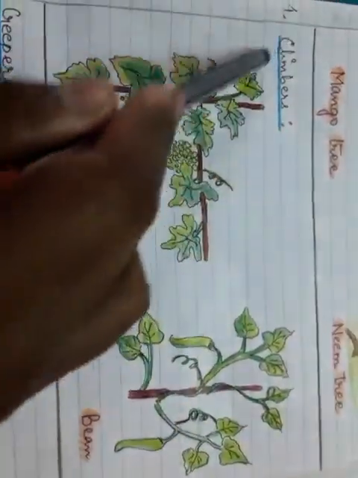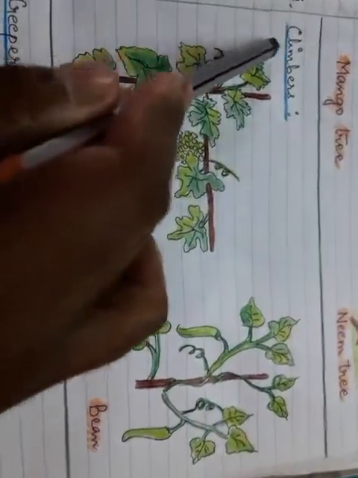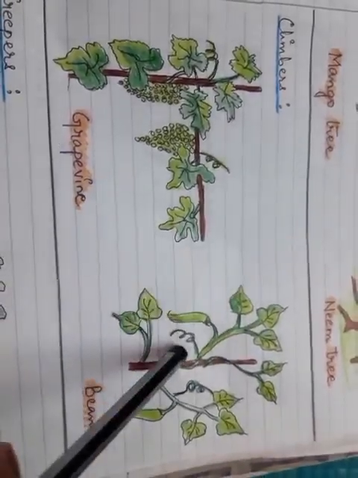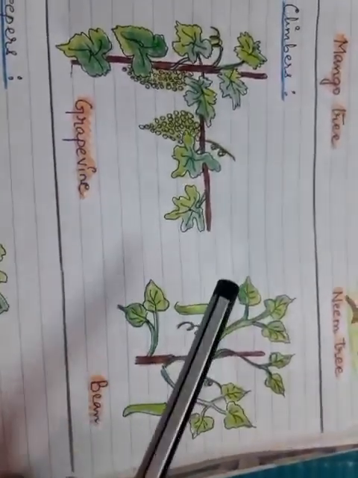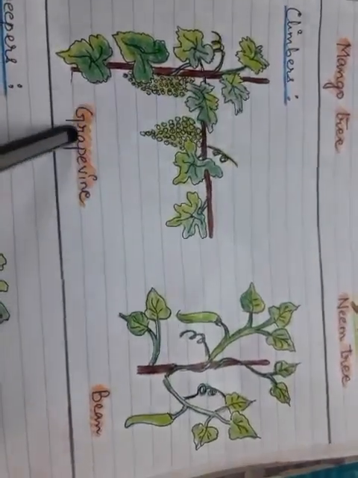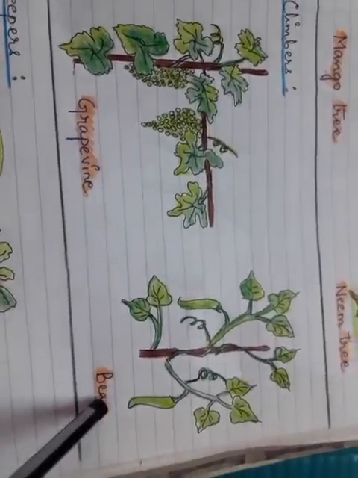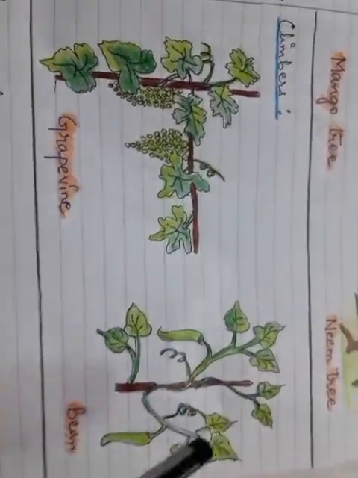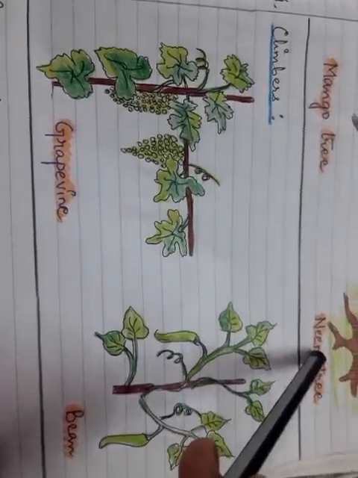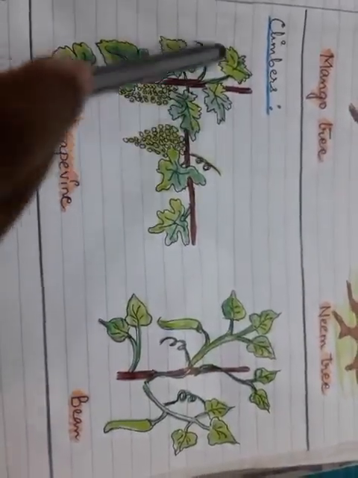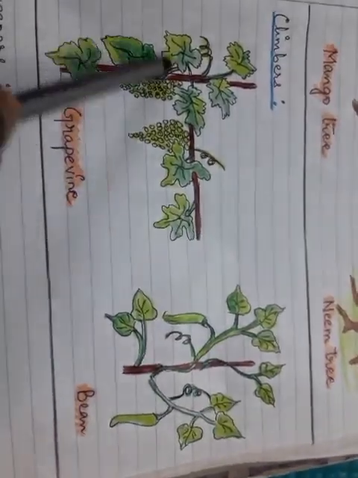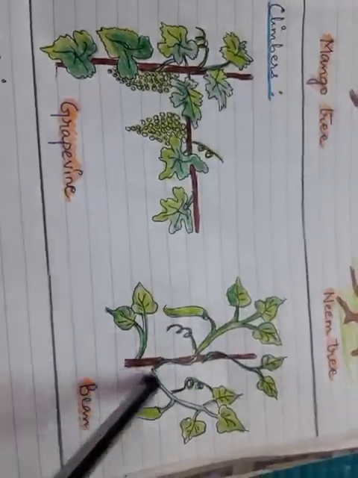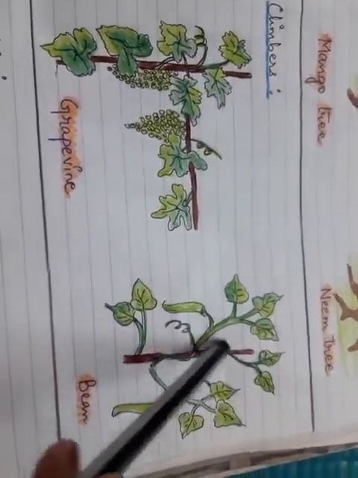Now the fourth type of plant is climbers. These plants have a weak stem and need the support of some other plant, wall or stick for climbing. Can you see this? This is a grapevine and this is a bean plant. They don't have a strong stem, so they cannot stand upright on their own. They take support of a wall, or some other plant, or a stick to make themselves grow up.